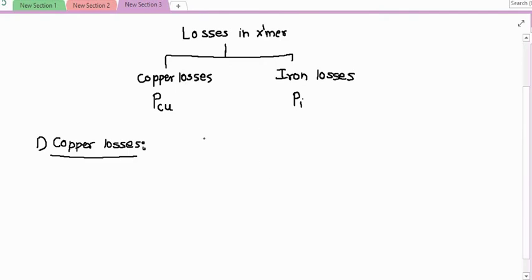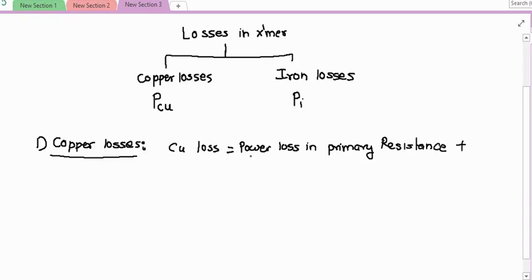Therefore, I can write copper loss equals power loss in the primary resistance plus power loss in the secondary winding resistance.